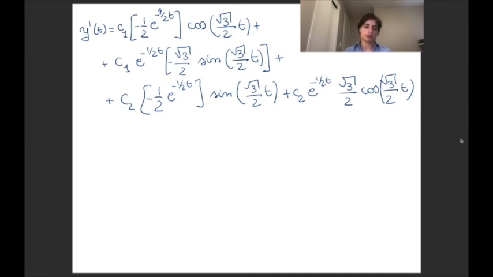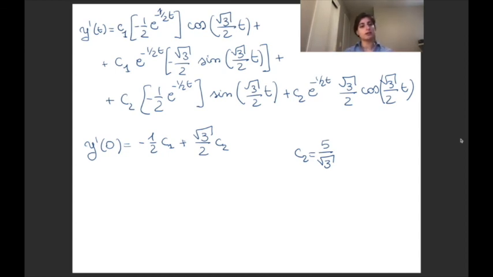Y prime is a bit cumbersome, but when we compute y prime at 0, all the terms involving sine disappear and all the exponentials of 0 become just 1. So we have y prime at 0 is equal to minus 1/2 C1 plus square root of 3 halves C2. And we can solve for C2 and it's 5 divided by square root of 3.